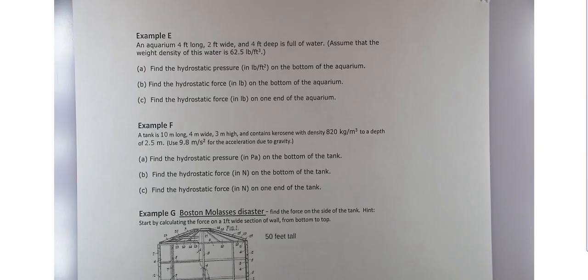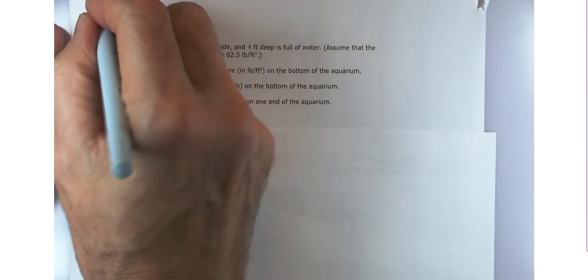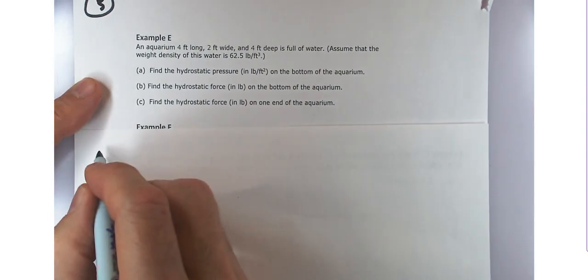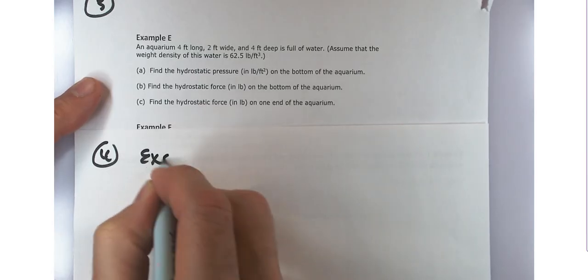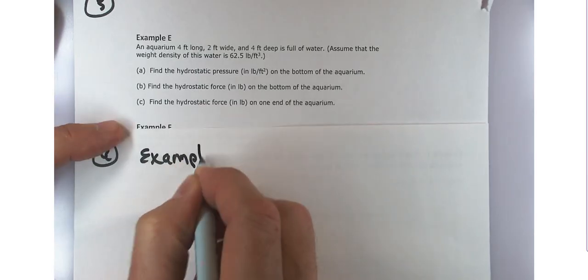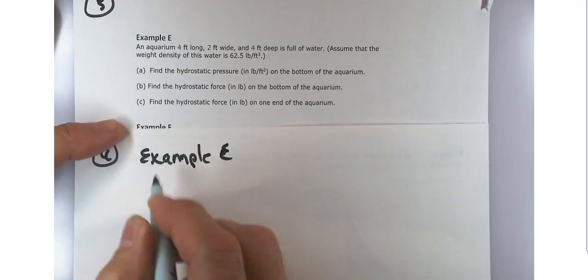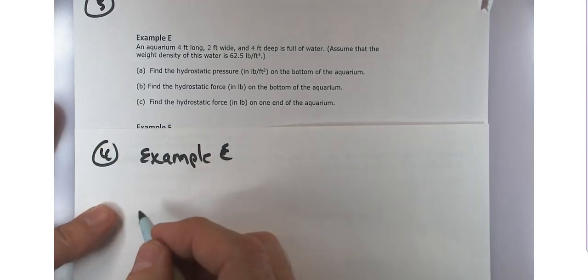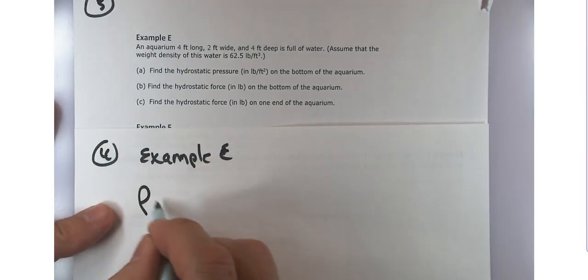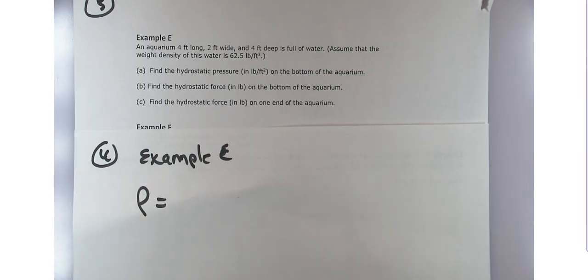So the pressure for us in this case, let's see, I think I want to write on a separate sheet of paper here. So this is example E. For us in this case, the pressure is just going to be the density times the depth.